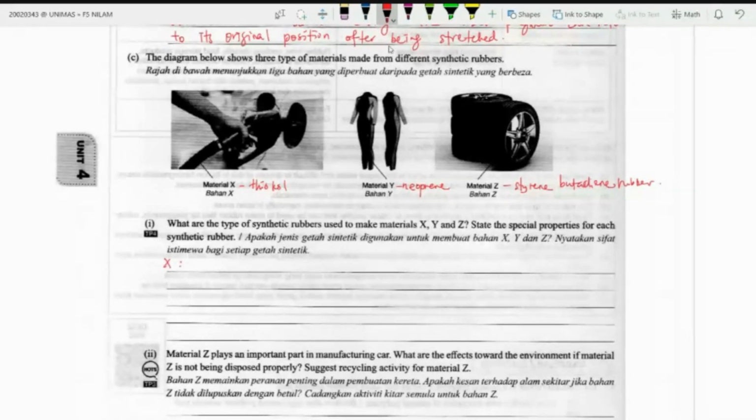What is the special property for the Thiokol here? Tiffany, what is the special characteristic or property of Thiokol here? Can you type out?